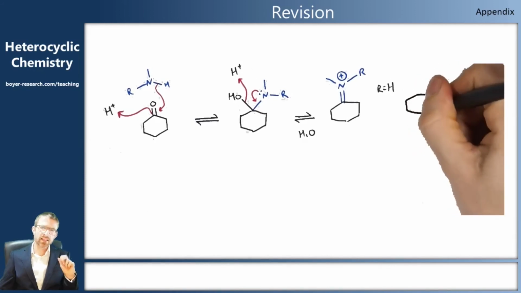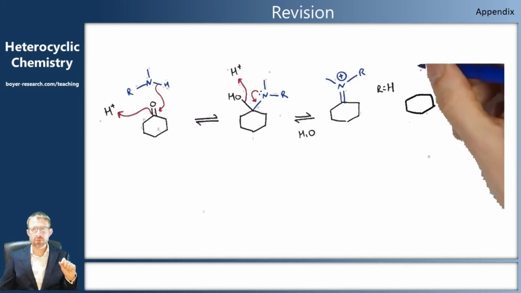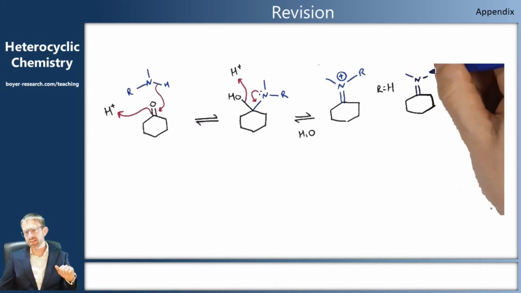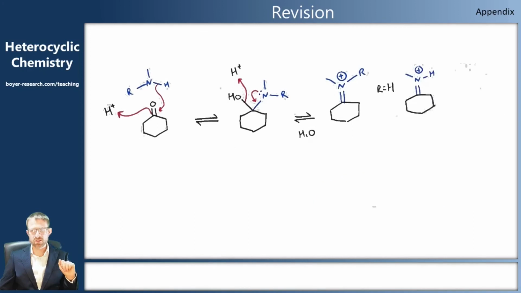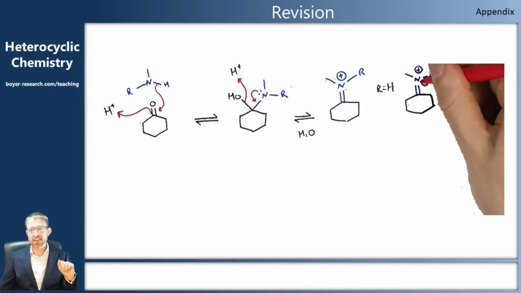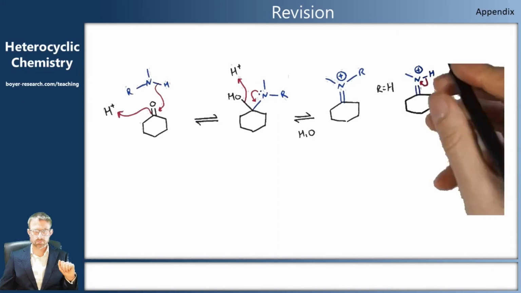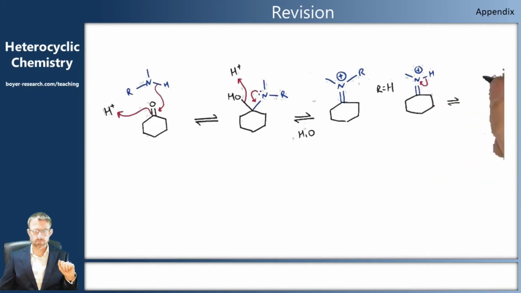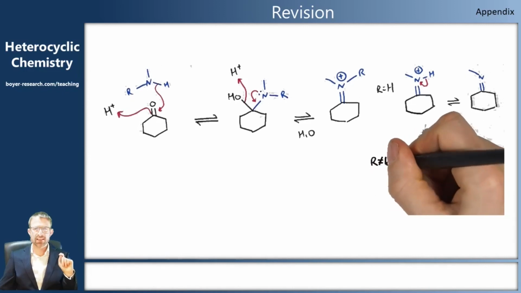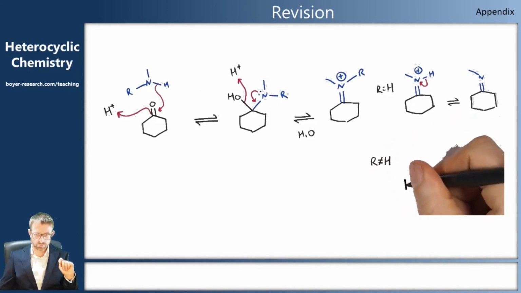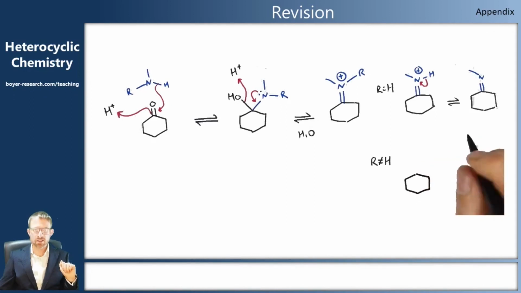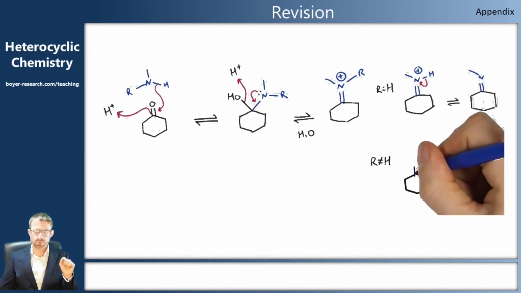Now at this stage, if the N plus, the iminium species, has a hydrogen on it, we can simply remove that hydrogen, and that gives us the imine product. Alternatively, if it is not the primary amine, i.e. the R is not an H, then we can't deprotonate the iminium, so we deprotonate the carbon instead.